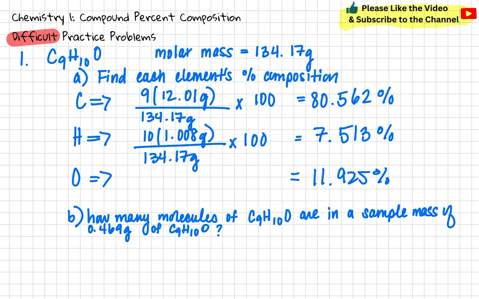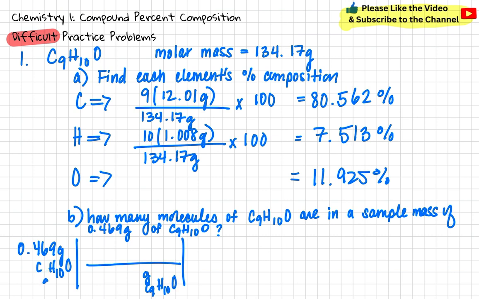So the known number that I'm going to start with is this part right here. So I'm going to start my dimensional analysis with 0.469 grams of the molecule. So whatever unit I have at the top, I'm going to put at the bottom. So grams of C9H10O.